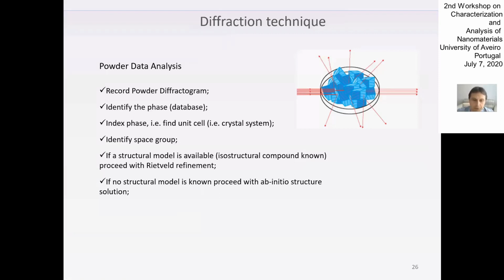Symmetry means space group, unit cell parameters, ions, occupation of the ions, their positions, and knowing these parameters, we can calculate the distances between the ions and the angles, which is really important to describe properties of the material. So if we know the structure, it's possible to predict the properties of the material.